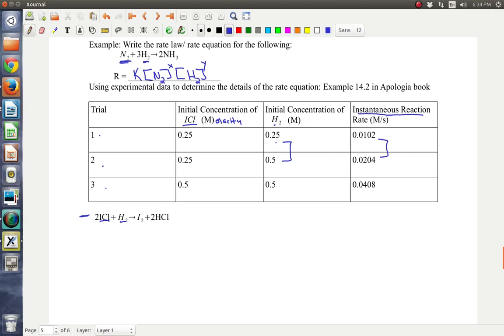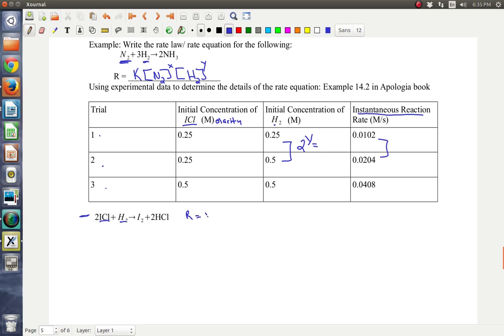So first we look at the change. How much did it change? Well, 0.5 is twice as much as 0.25, and you can figure that out by saying 0.5 divided by 0.25 is 2. So that's the first thing, 2. 2 to the power, well, this one is going to be the y. So 2 to the y power is equal to, let me write down the general rate law first.